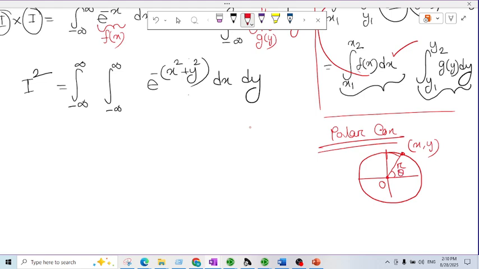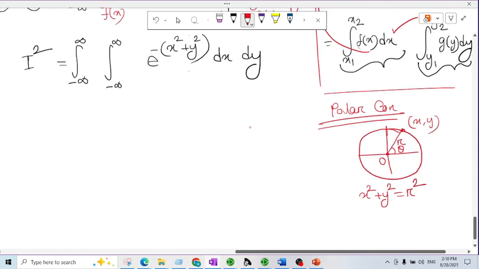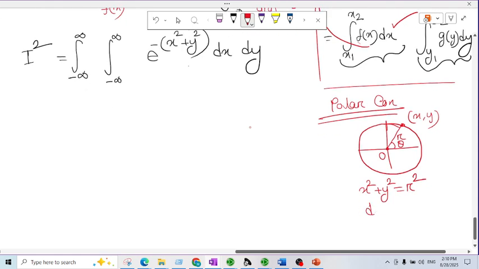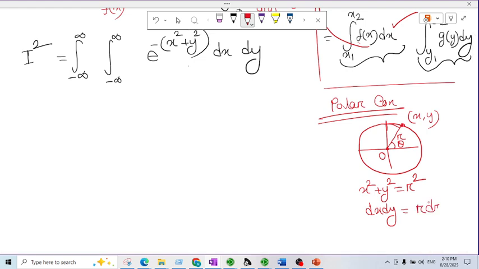From this picture we can easily tell that x square plus y square is equal to r square, and instead of dx dy we have to write r dr d theta. So these are two rules to convert into polar coordinates.